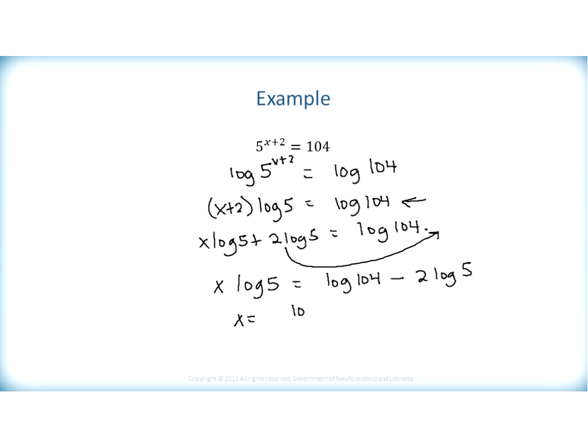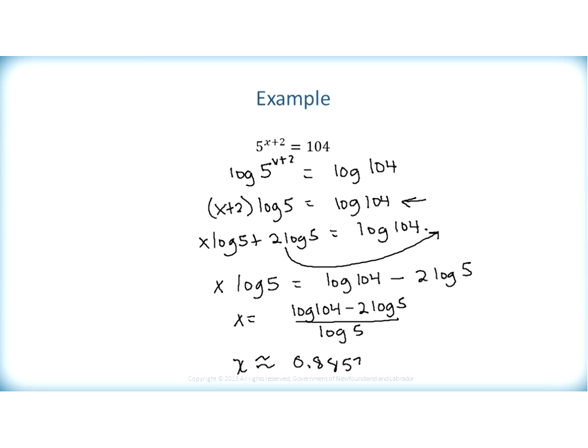X will equal log 104 subtract 2 times log 5, divided by log 5. This will give us approximately 0.8857 for x.